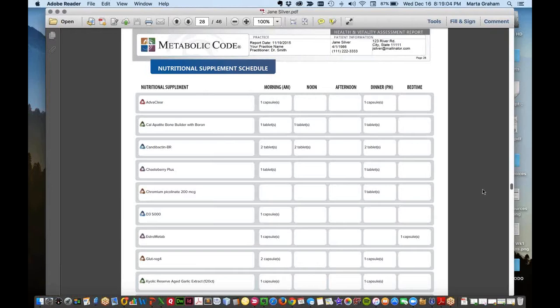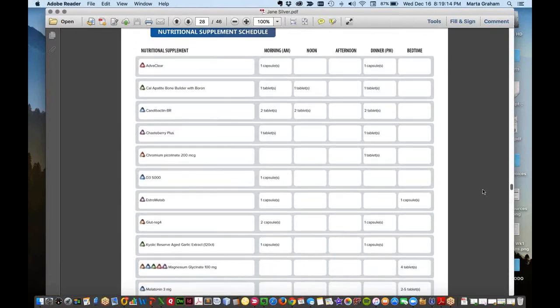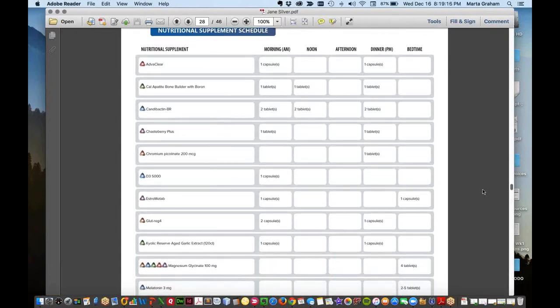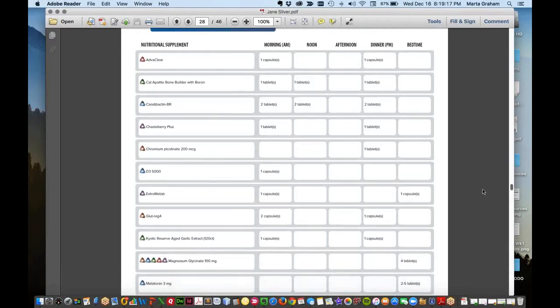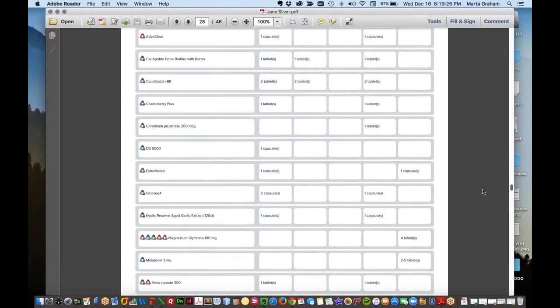All of this is modifiable from the practitioner side, and the way that each product is identified, you can see a small colored triangle next to any particular supplement. That is to say that each dietary supplement may have one, two, or more triads that they address and rebalance.